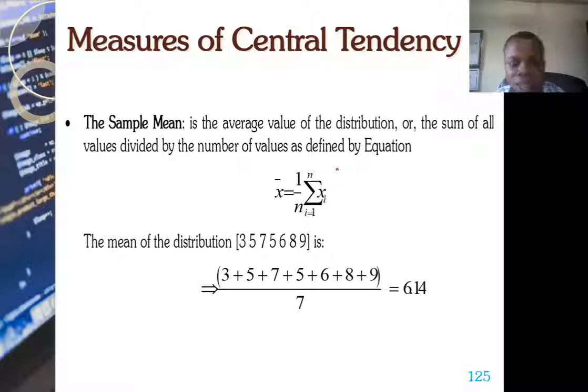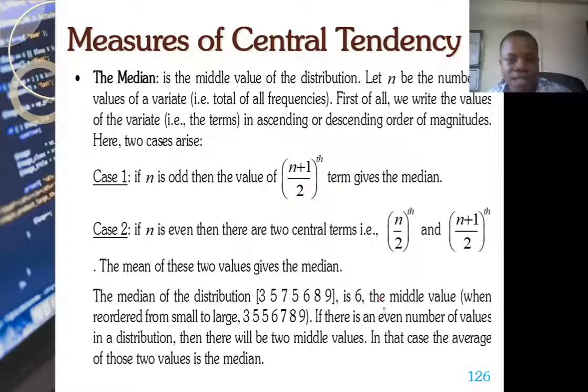All we try to do is sum up the observations and divide by the total number of observations, as designated by this formula. Suppose we have this distribution: 3, 5, 7, 6, 8, 9, and we are asked to estimate the mean. All we have to do is sum all the observations and divide by the total number of observations, which in this case is 1, 2, 3, 4, 5, 6, 7. That is why we have 7 here. If you simplify this, we get 6.14 as the mean, which is as easy as that.